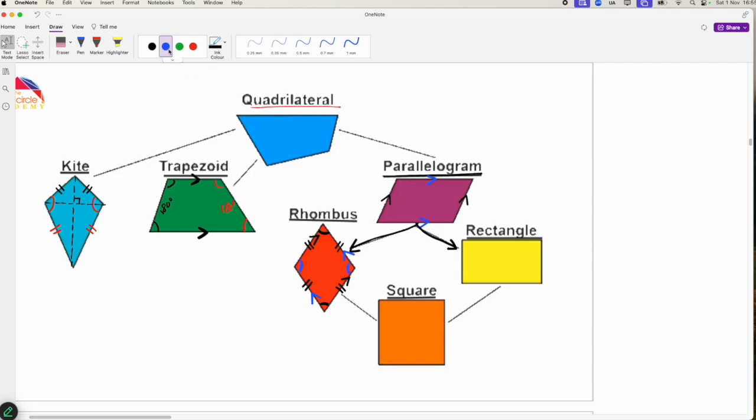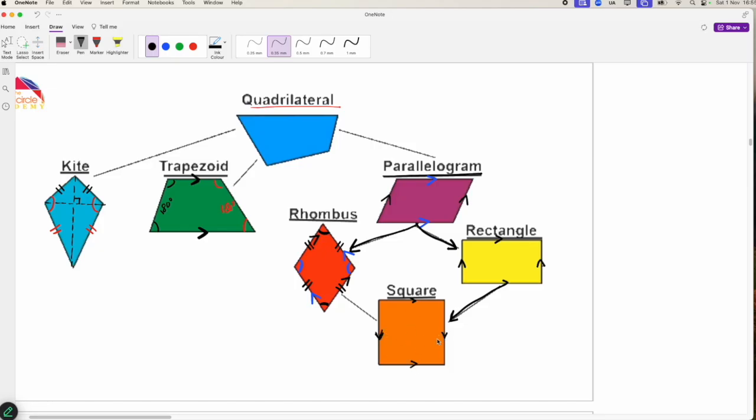So much information. Okay. The thing is, though, that we have a rectangle here which has parallel sides. And a square is a type of rectangle because a square has two pairs of parallel sides.